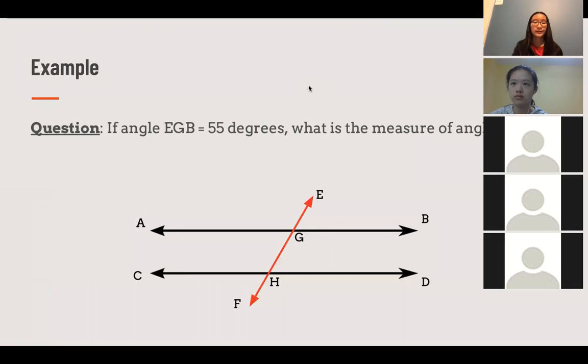All right, so the example problem. If angle EGB equals 55 degrees, what is the measure of angle FHD?